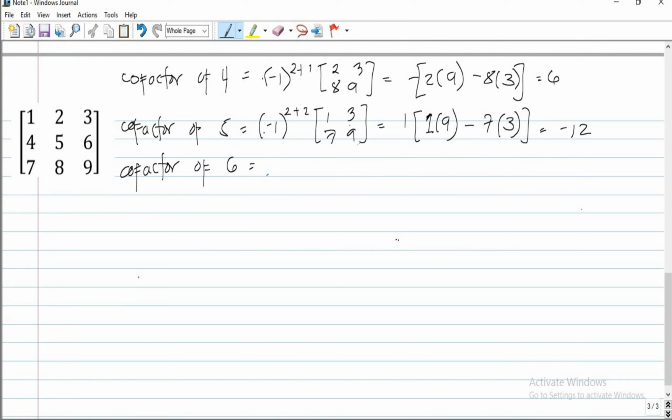Try to solve it on your own para masundan natin lahat how I solve these cofactors for this matrix. Okay? 1, 7, 8, 1.